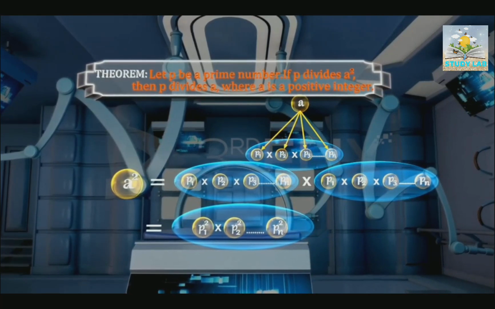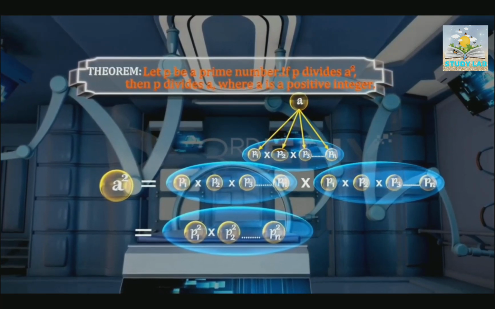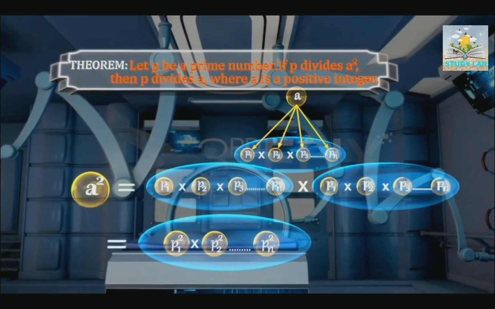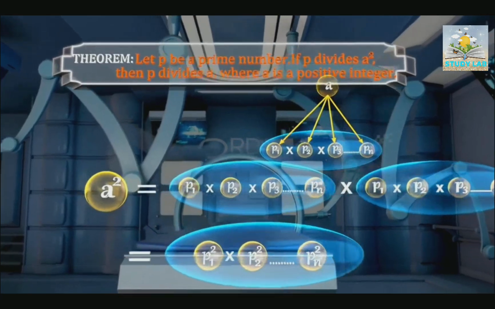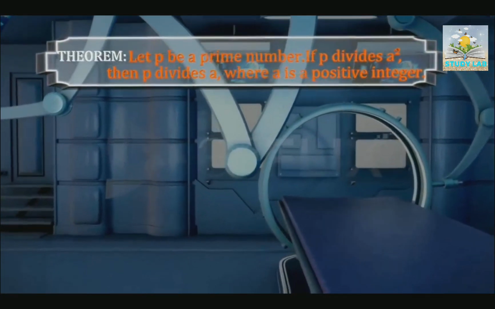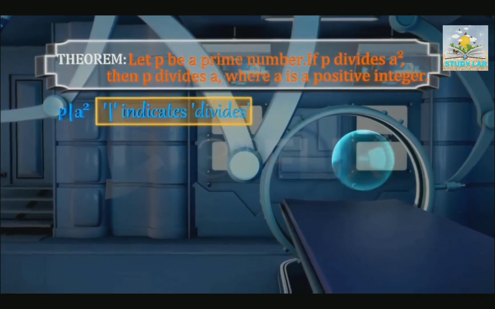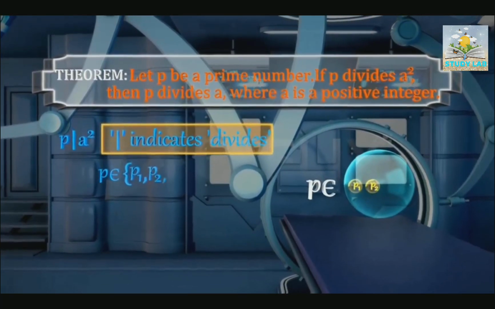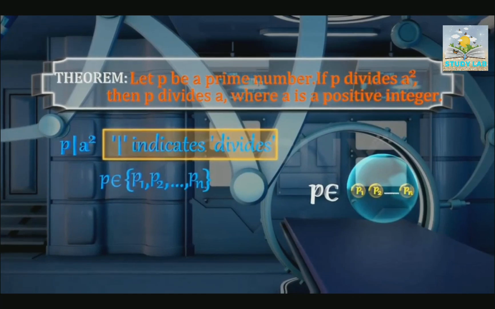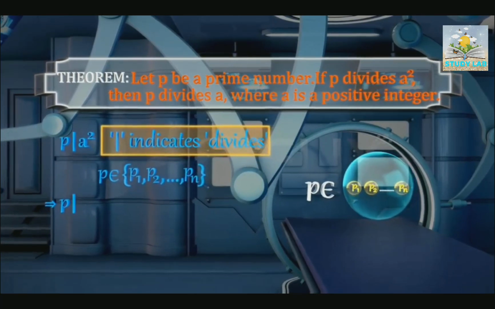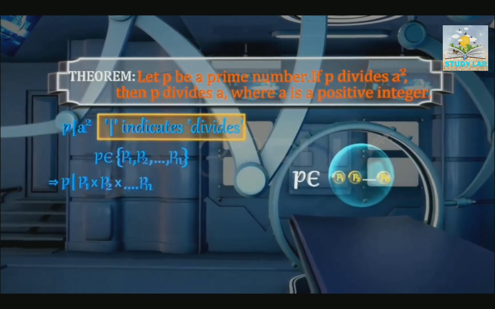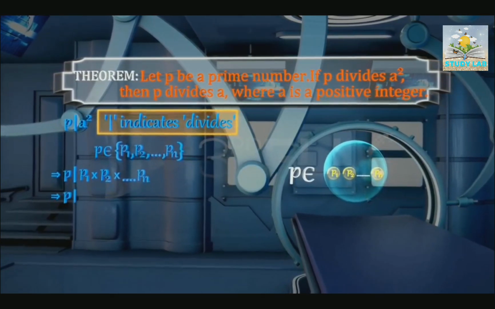Here we observe that p1, p2, p3, so on pn are the only prime factors of a square. Given that p divides a square implies p is one of p1, p2, so on pn, implies p divides p1 into p2 into so on pn, implies p divides a.